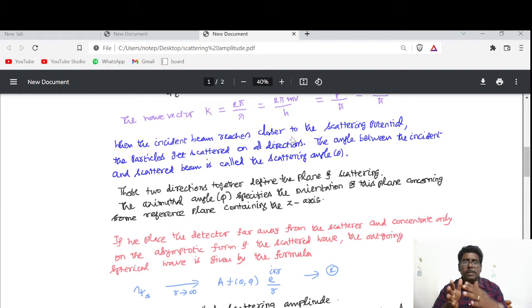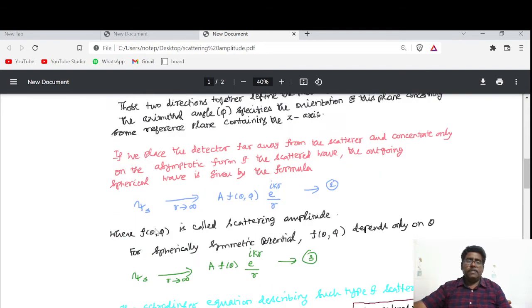Here the two directions, meaning the incoming wave direction as well as the scattered direction, define the plane of scattering. The azimuthal angle phi specifies the orientation of this plane with respect to some reference plane containing the z-axis.